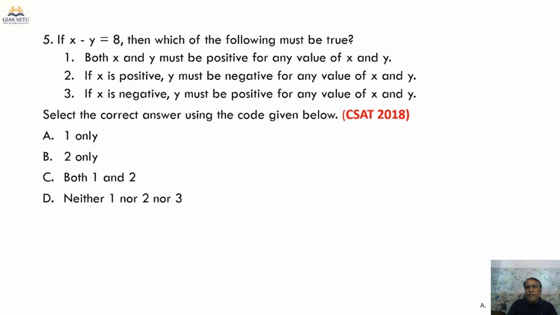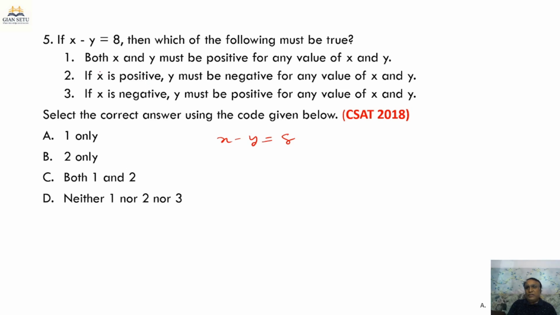If x minus y is equal to 8, then which of the following must be true? Now we are given three statements here. We can randomly take values of x and y which make these statements incorrect. Now suppose we have x minus y is equal to 8.